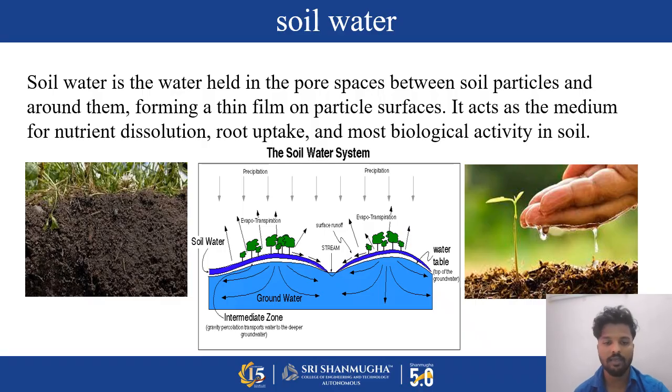Here I have given the definition for soil water. Soil water is the water held in the pore spaces between the soil particles and around them. So the water present around the soil particles, or between the soil particles, is called soil water.